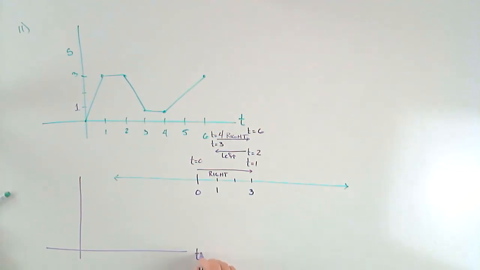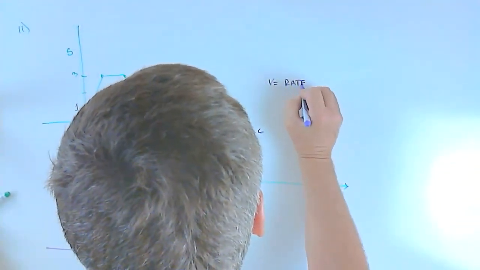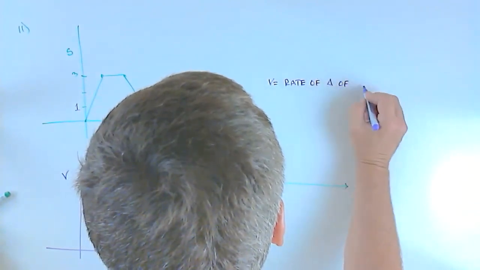So here's t. This is going to be velocity now. Now we have 1, 2, 3, 4, 5, 6. Now our velocity, we said in class, is the rate of change of position.